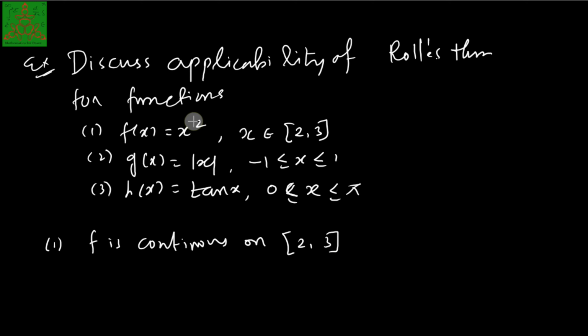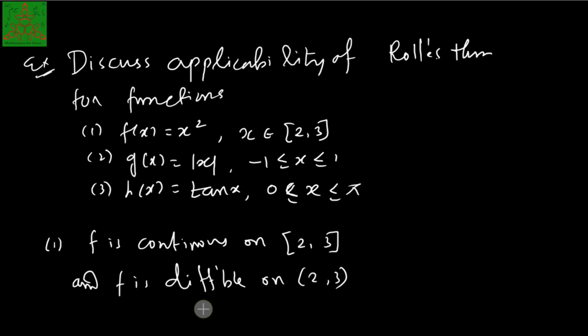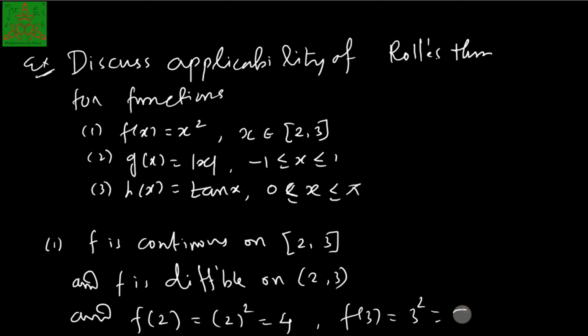We know that it is continuous as well as differentiable on the open interval (2, 3). What you can observe is f(2) = 2² = 4 and f(3) = 3² = 9. So f(2) is not equal to f(3).